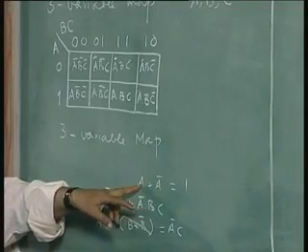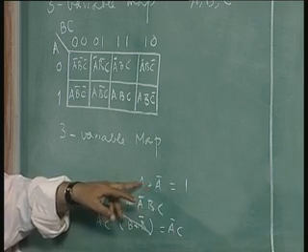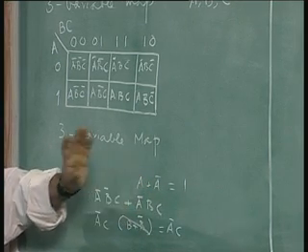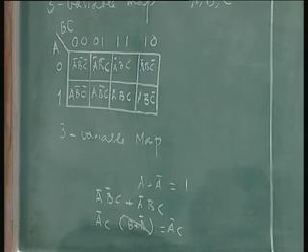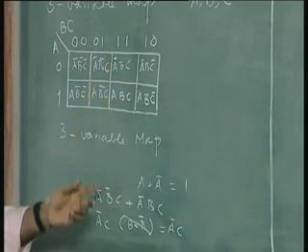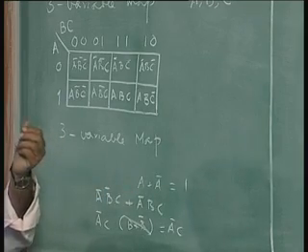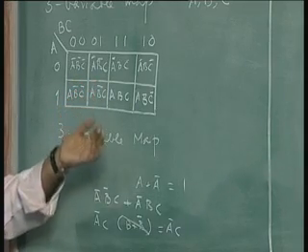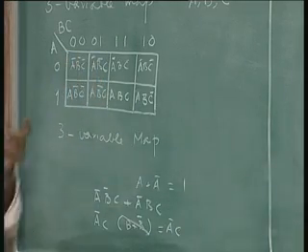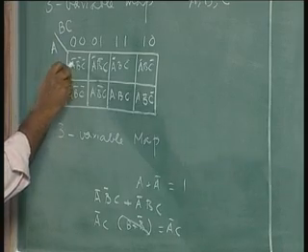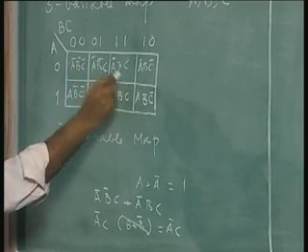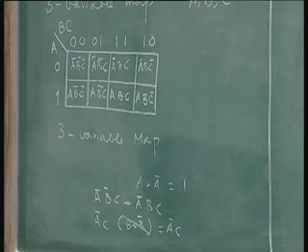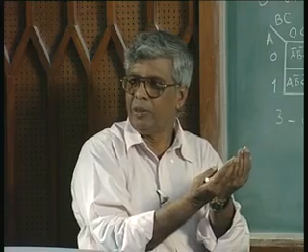This identity, A or A bar is 1, can be used if two adjacent cells are both 1, then I can combine them to knock off the variable which varies from this cell to this cell and retain the other two variables which do not vary. The same thing applies here also. See here A only changes, B value and C value remain the same in all these cases, and this adjacency works also backwards around, it is a wrapping, something like a circular symmetry here.